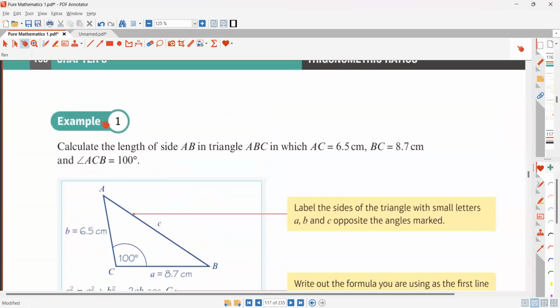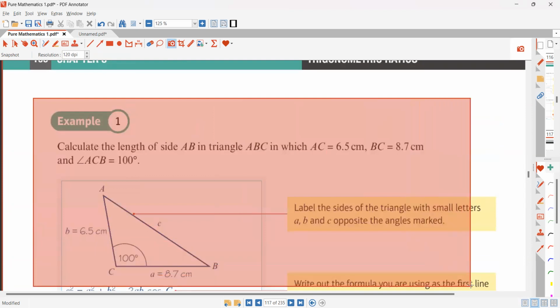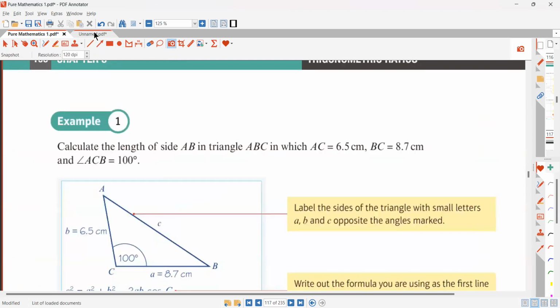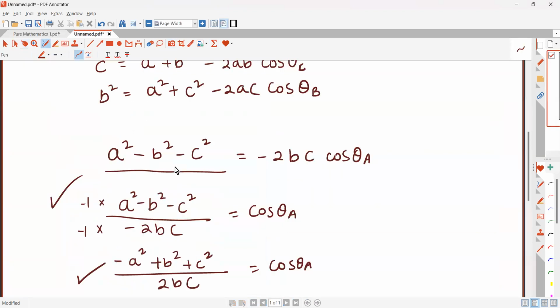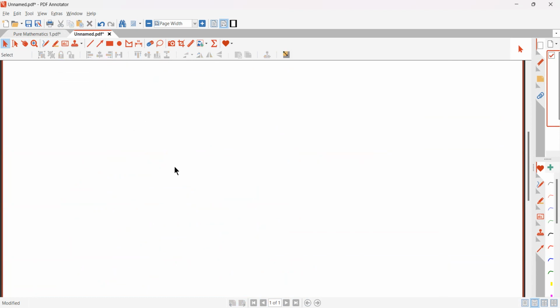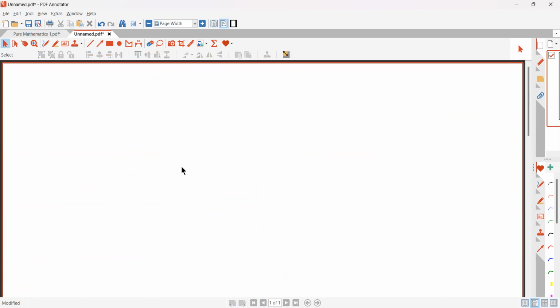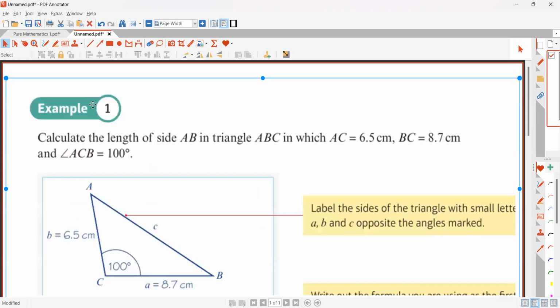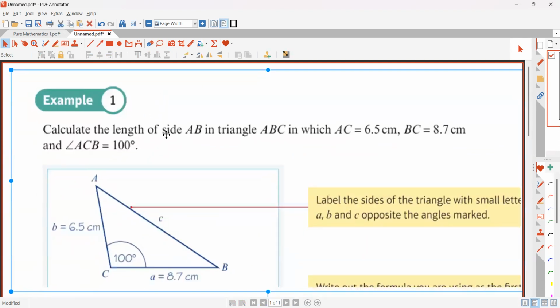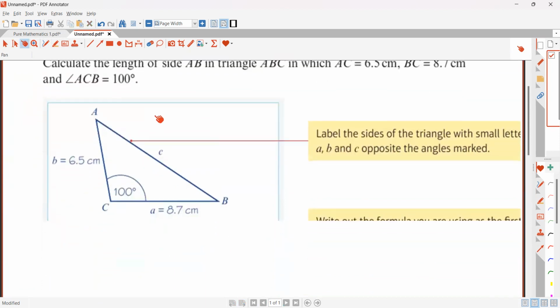You know what I'm going to do? I'm going to just copy paste this particular part of example number 1 of this sum. Okay, so let's start doing this.